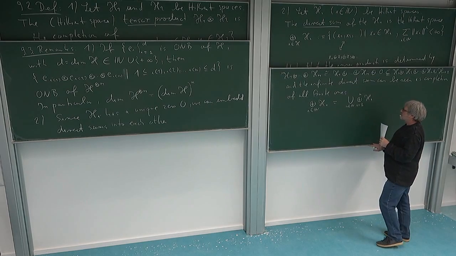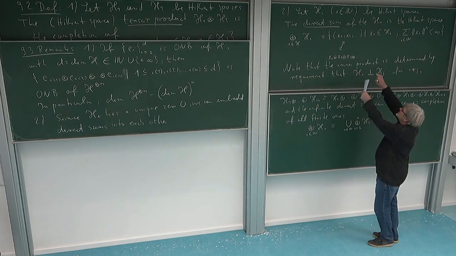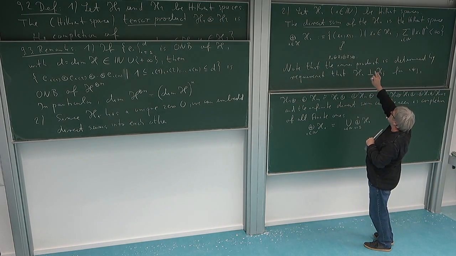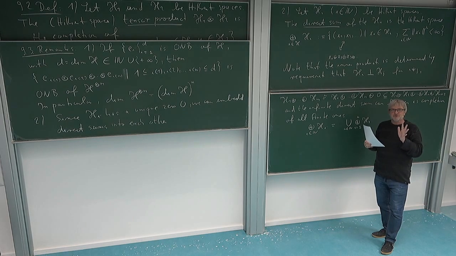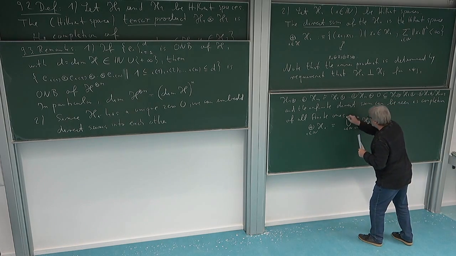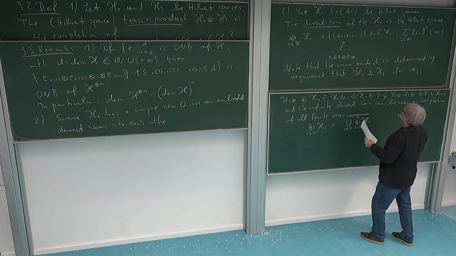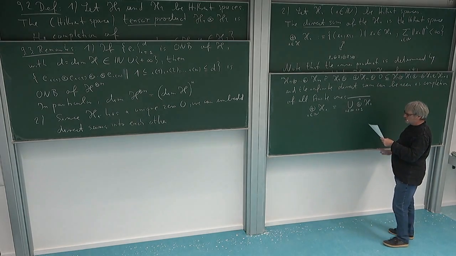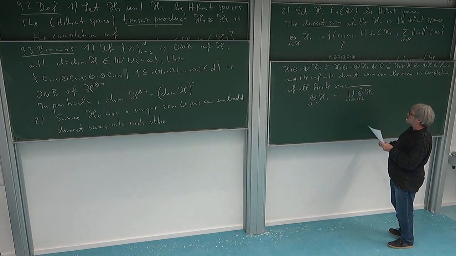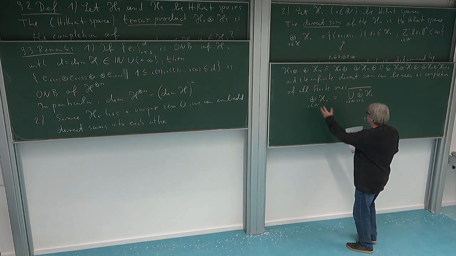Because this only gives me sequences where I have only a finite number of positions with terms which are different from 0. So I still have to take the completion of this with respect to this canonical norm.